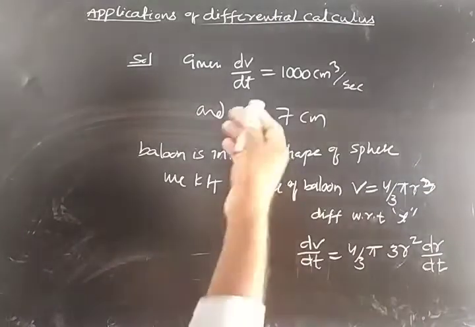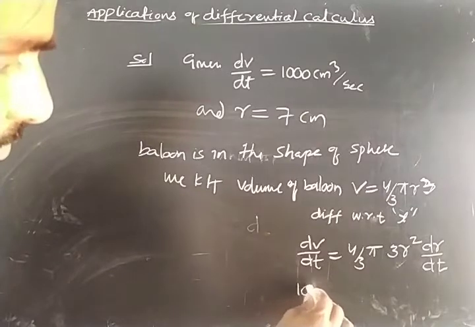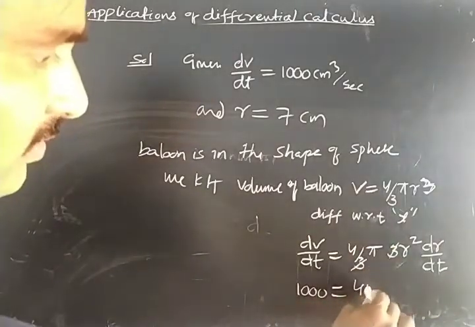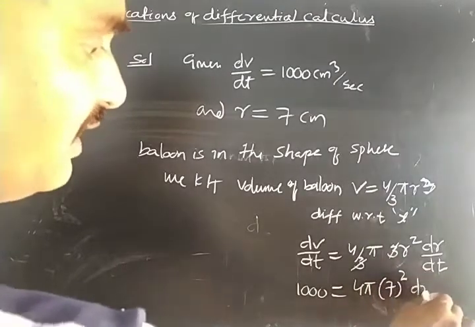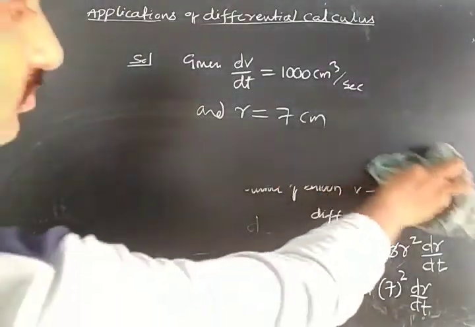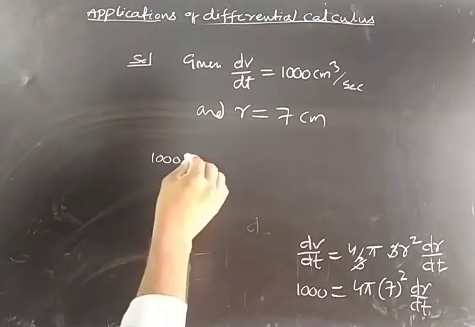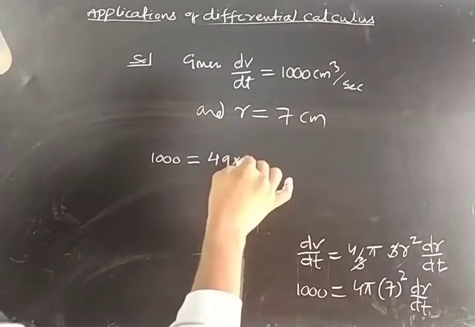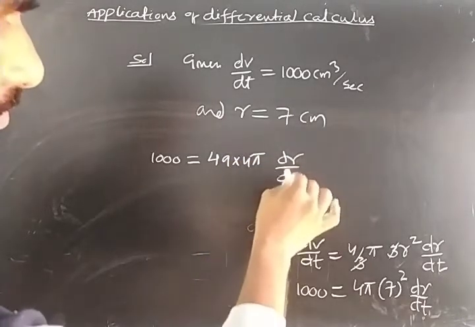Now I am substituting the given values. Here dV by dt is 1000 on the left hand side. Here 3 cancel, 4 pi. In place of r, I am substituting the r value 7 centimeter square, dr by dt. We are going to find dr by dt. Now here we got 1000 is equal to 49 into 4 pi into dr by dt.